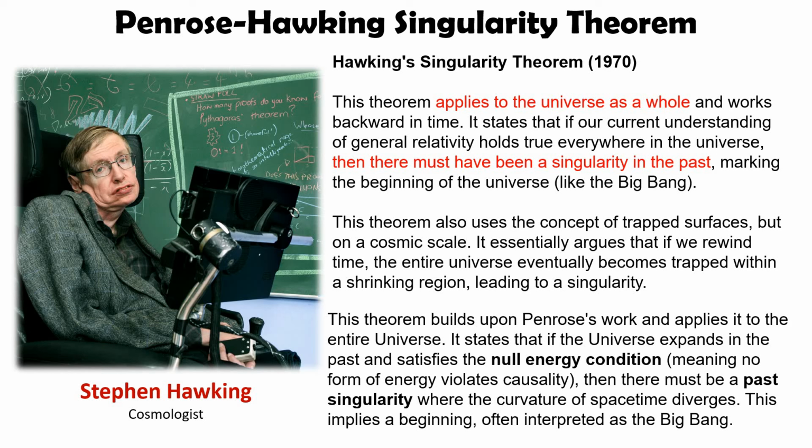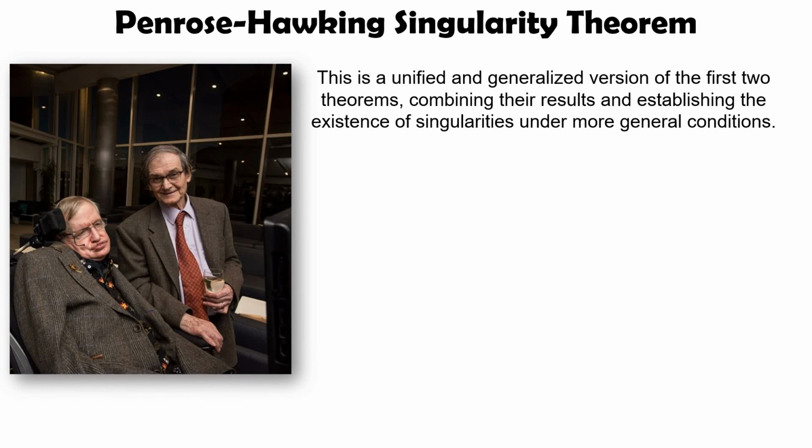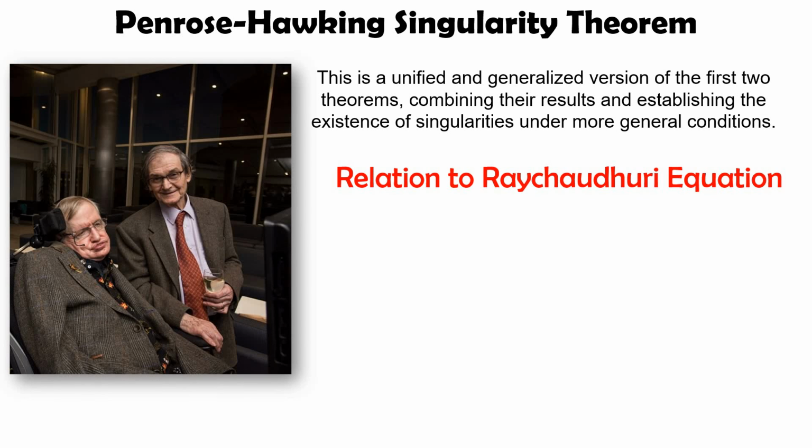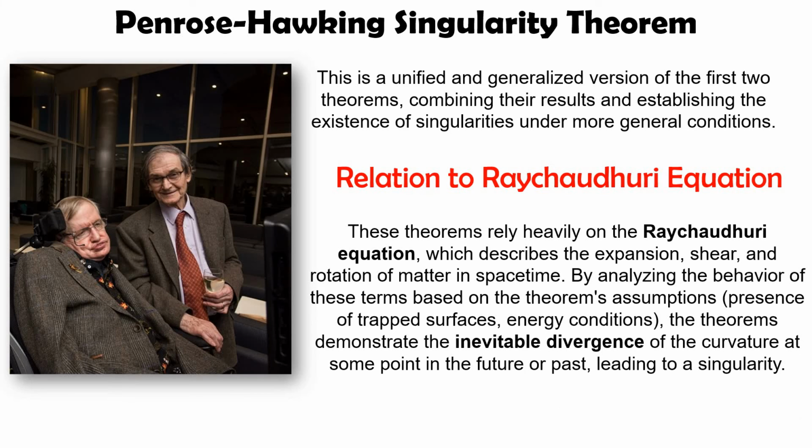Now, these are 65 and 70, so you can see both of them more or less coming at the same time. Now, you see here together that is called the Penrose-Hawking theorem, unified version, and it has a very good relation to the Raychaudhuri equation. And why is it so? The reason is that these theorems rely heavily on the Raychaudhuri equation. I will show you that they have used it as a tool which describes what?